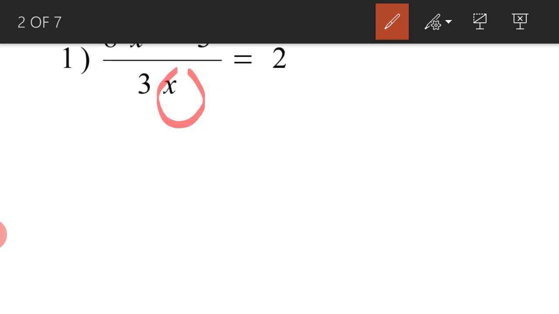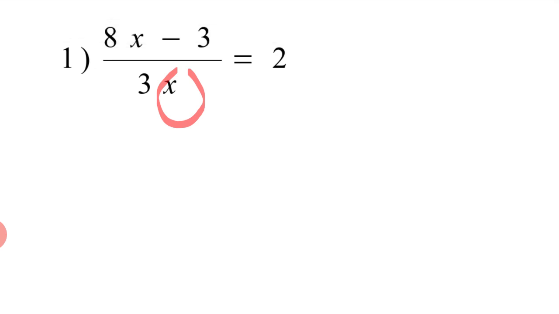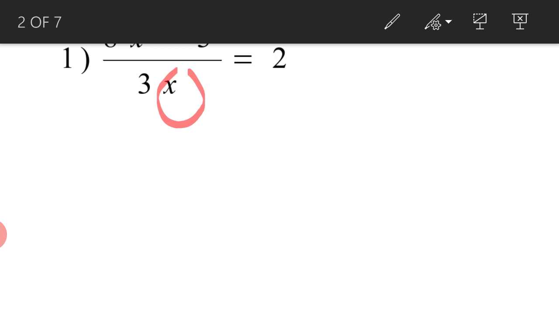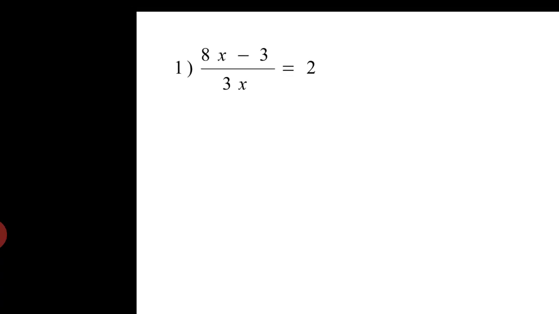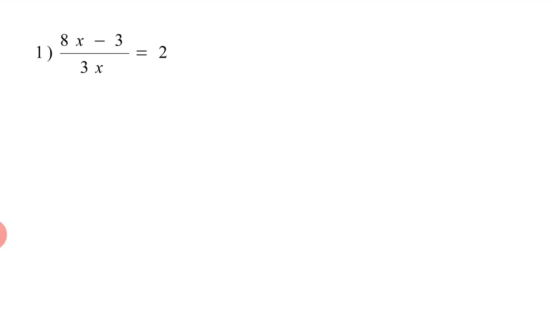When we look at the equation given, it is not at all looking like a linear equation. But these kinds of equations can be changed into linear equations by using the method which we call cross multiplication. So let us see how to convert these kinds of equations into linear equations.